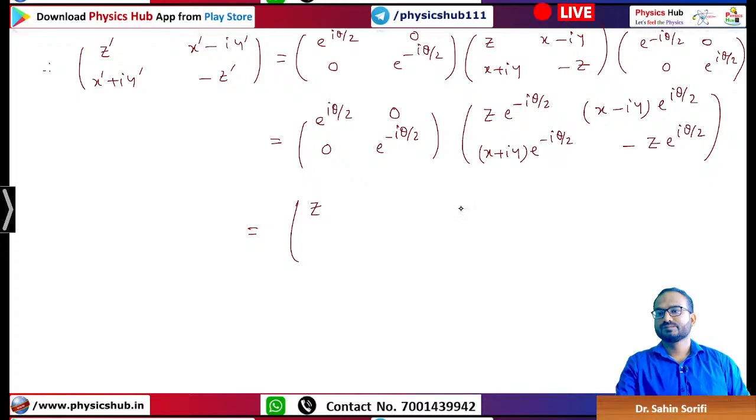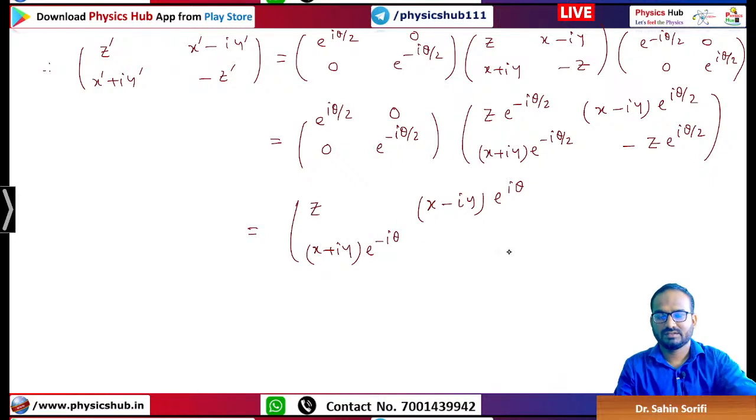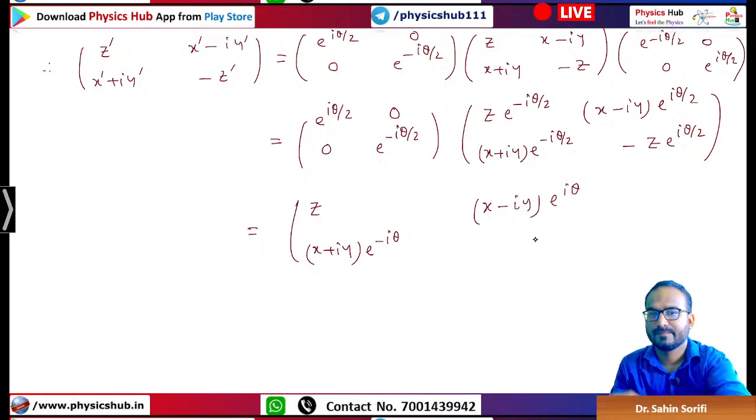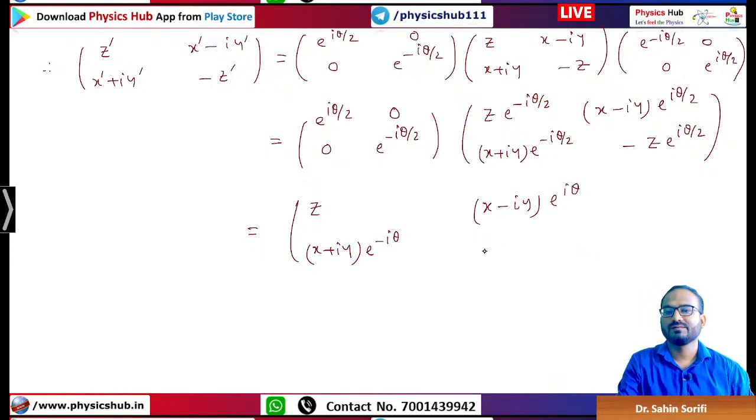Next, x minus i y e to the power i theta by 2, e to the power i theta by 2 means e to the power i theta, and 0 and this is 0, 0, then x plus i y e to the power minus i theta by 2, minus i theta by 2, so it is minus i theta, and here what will be the value? You see, this one minus z actually.